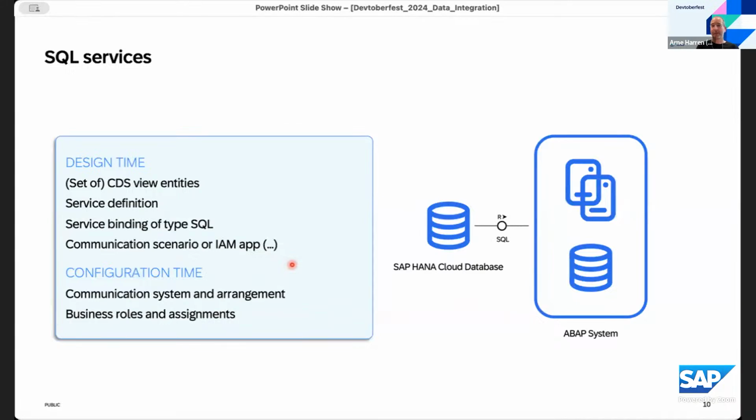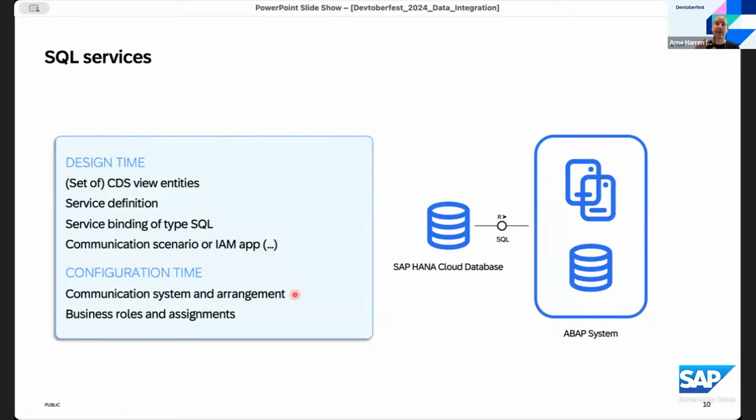Yeah, so what we just saw are the both scenarios. So getting data from the ABAP system into a HANA Cloud database, and Harish used the technical user setup with a communication system. And we also saw the access from Microsoft Excel, where the business access was done with data restrictions applied.